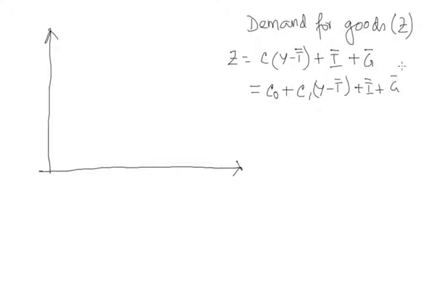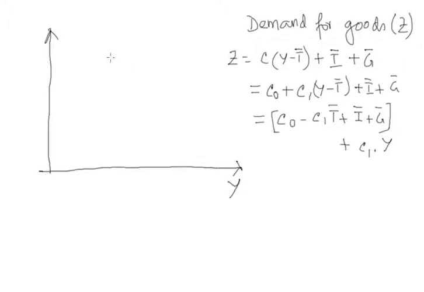Therefore, when you are plotting this demand function, note that the intercept is given by all the exogenous terms, including autonomous consumption. So let's separate this out into C0 minus C1 T bar plus I bar plus G bar. This is the autonomous part, and then we have plus C1 times Y.